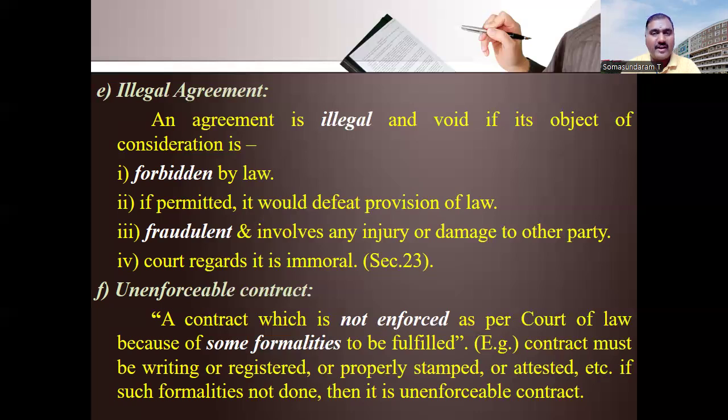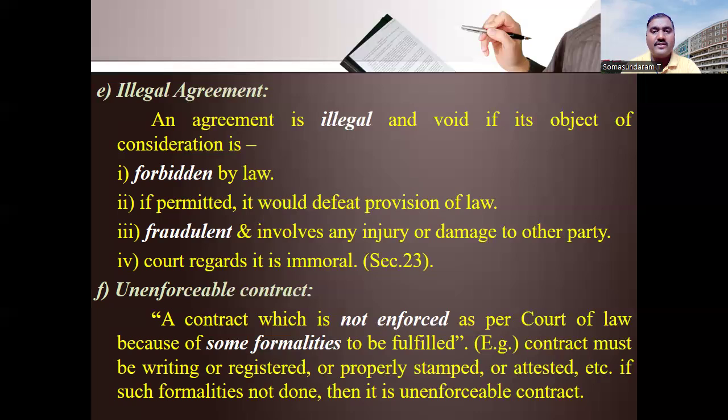Maybe the contract was not filed, it has not been signed properly, or it has not been sealed properly, or certain things have to be cleared. In such cases, the contract is considered an unenforceable contract.